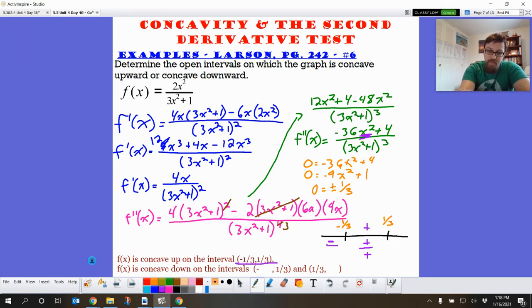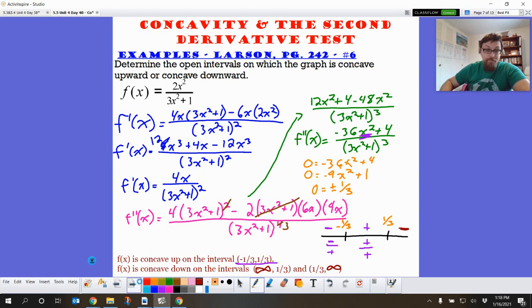All of that thing is just positive. So we are overall negative there, so we are concave down on that interval, which is what the answer was telling me. And then we should find the same result on the other side. This will get us a negative, and we're concave down from negative infinity to negative 1/3 and 1/3 to infinity.